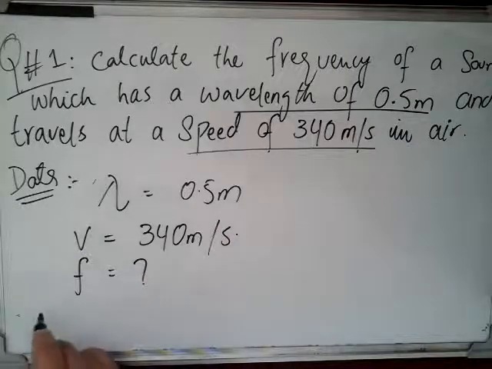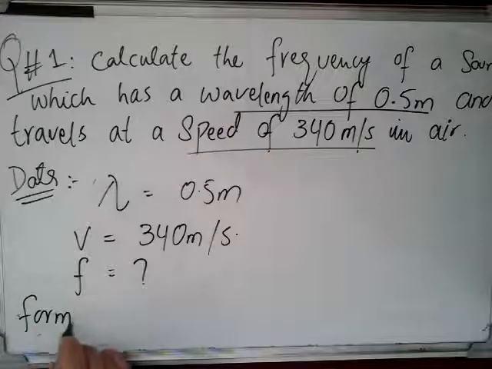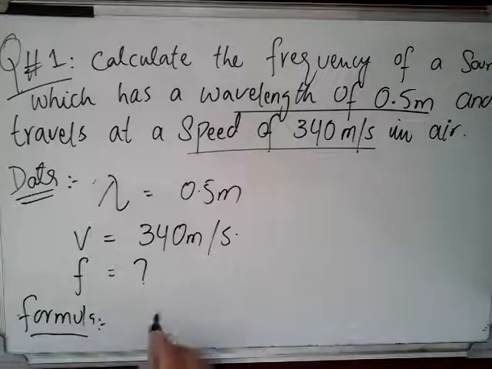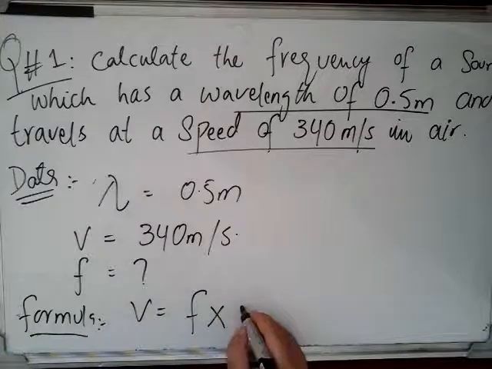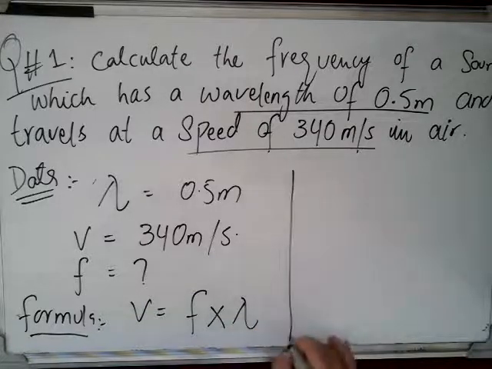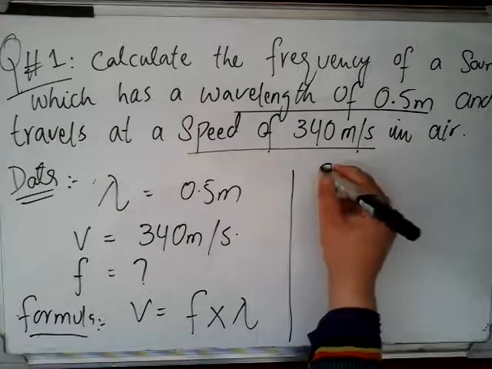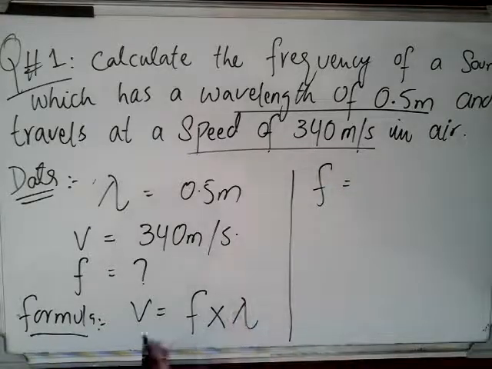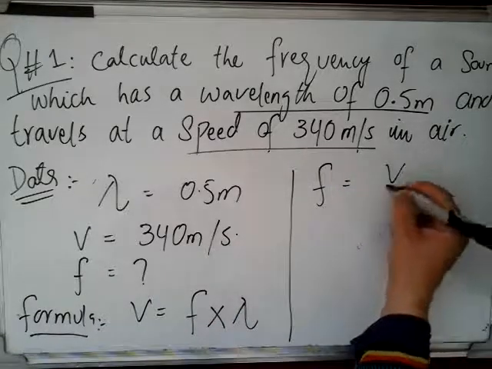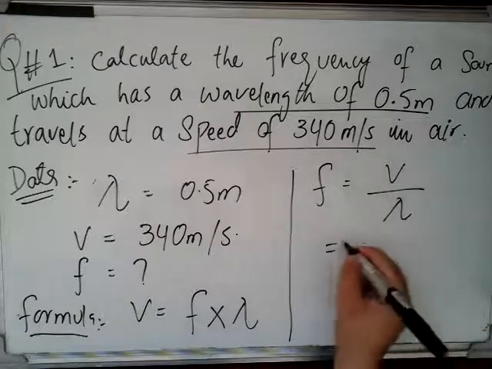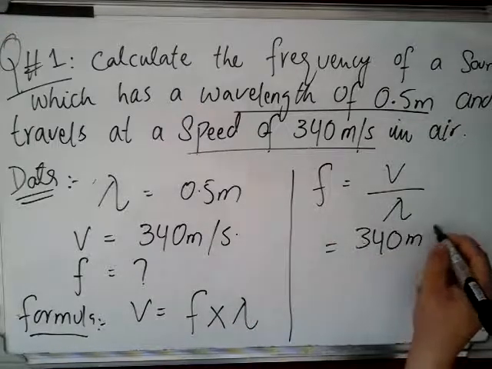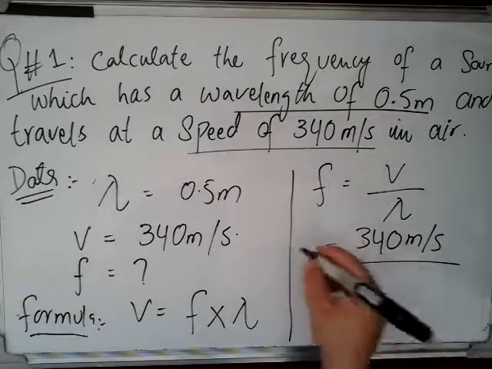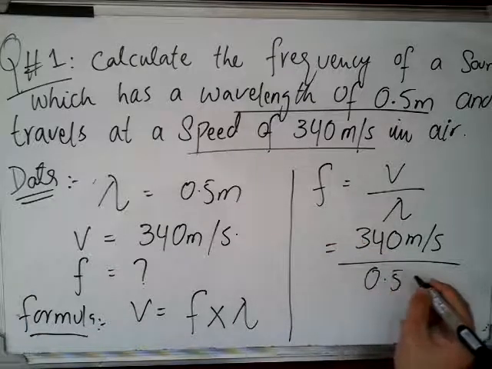We know that the formula of speed is equal to frequency multiplied by wavelength. So frequency would be equal to speed divided by wavelength. Here the speed is 340 meter per second and the wavelength is 0.5 meter.